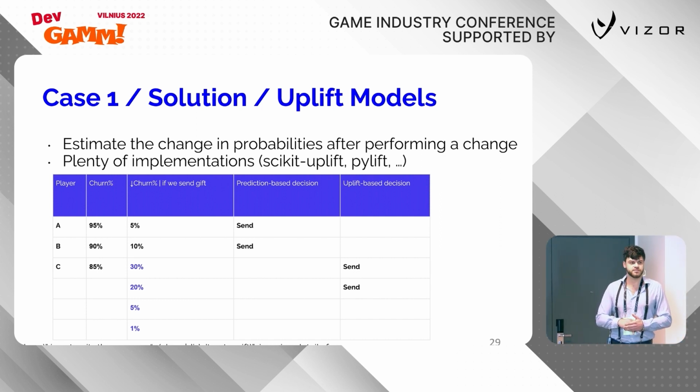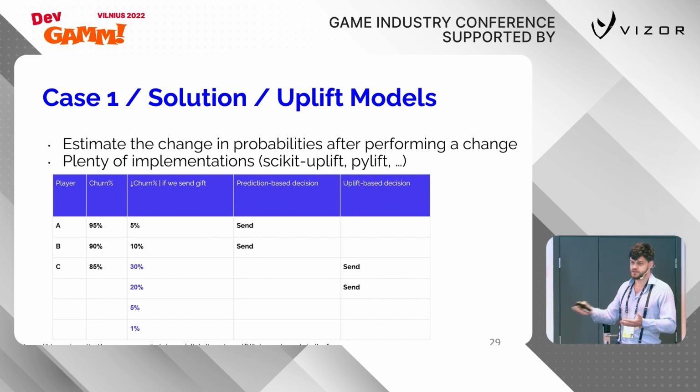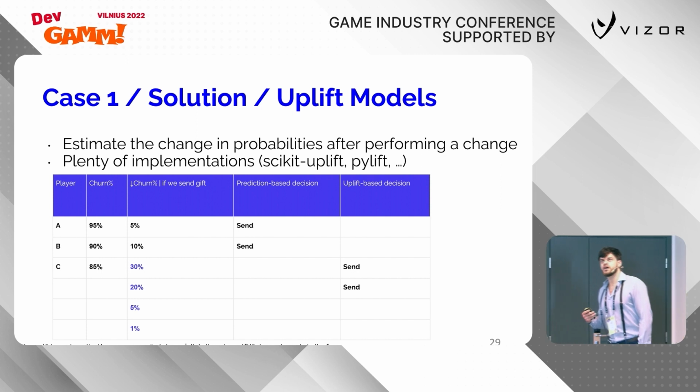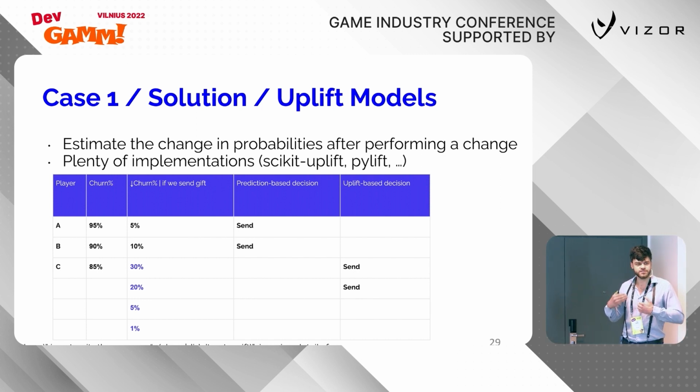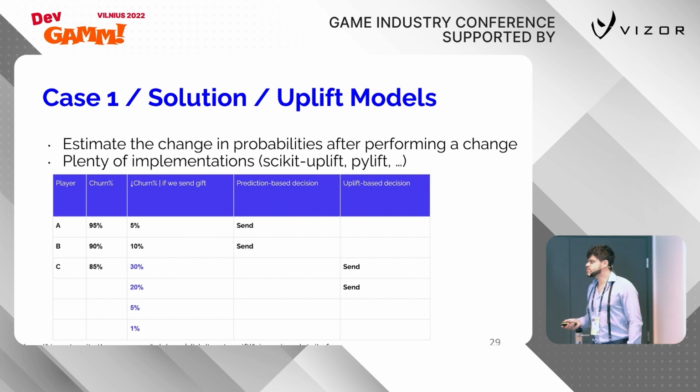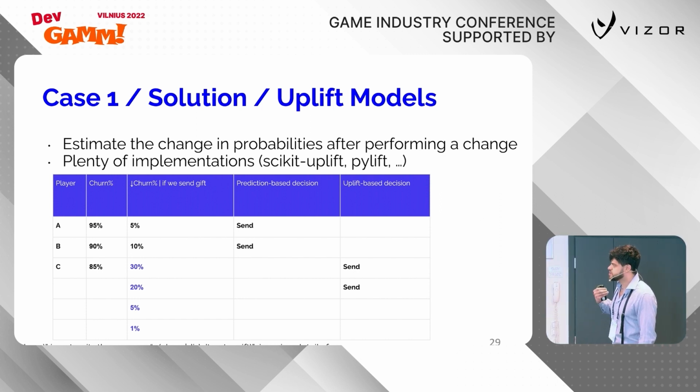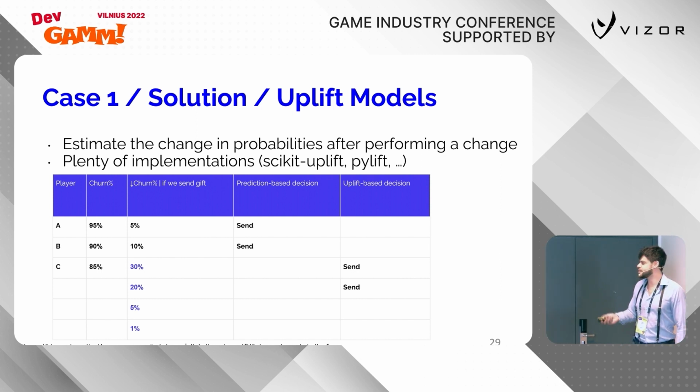But the uplift model applied to the same task will give us the change of the probability if we send this set of items. Because of that, if we use this uplift model to guide our decision, it will send items to the users who will react to these gifts the most, the players who are more susceptible to these gifts, so it solves our task better.